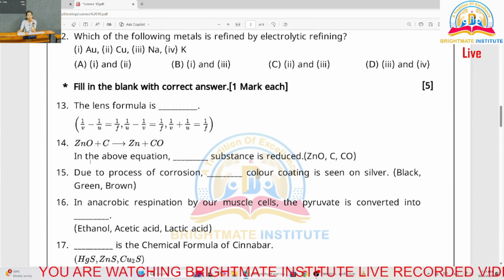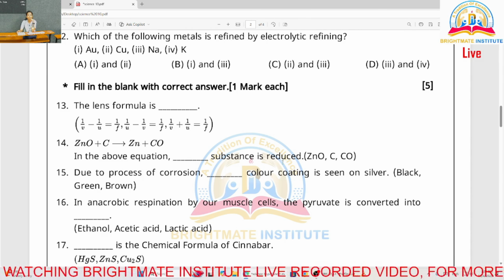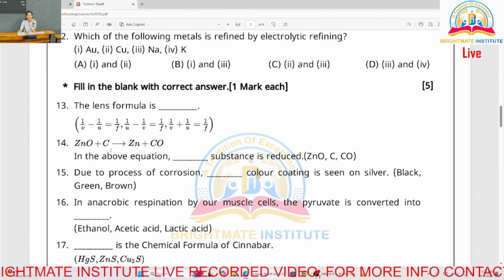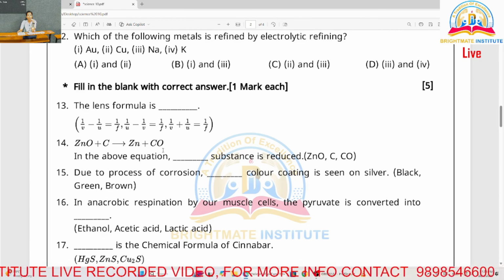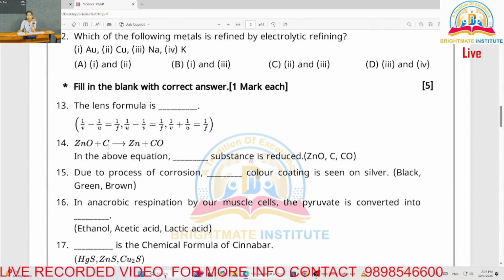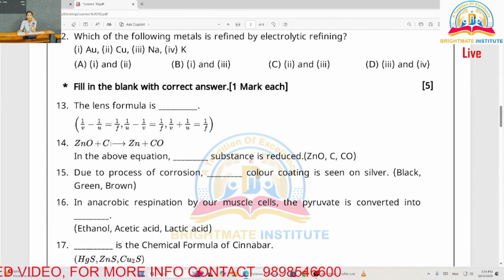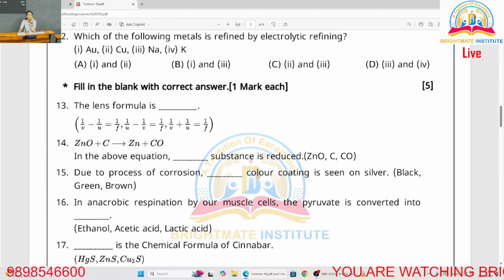C is oxidized: on the reactant side it is C and on the product side it is CO, which means oxygen has been added to carbon. So it is not reduced, it is oxidized. So the correct answer is ZnO, zinc oxide is the substance reduced.